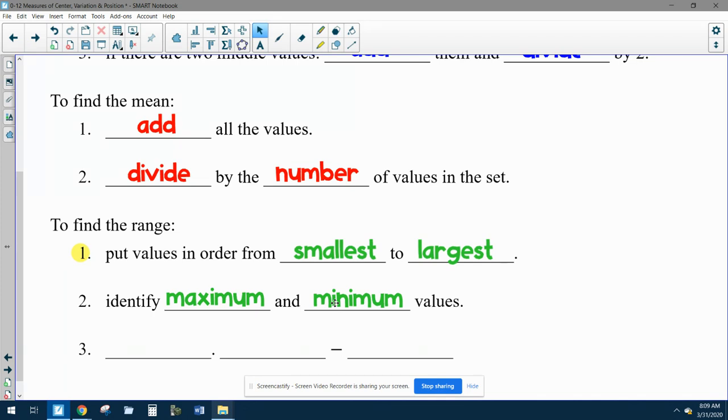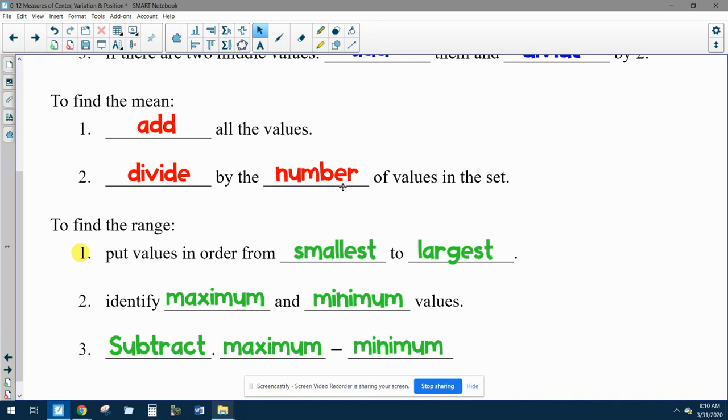If you put them in order from smallest to largest, your smallest number will be your minimum and your largest number will be your max. So find your max and min and then subtract. You always subtract maximum minus minimum. Big number comes first, right? Maximum minus minimum value. There you go. That's to find the range.